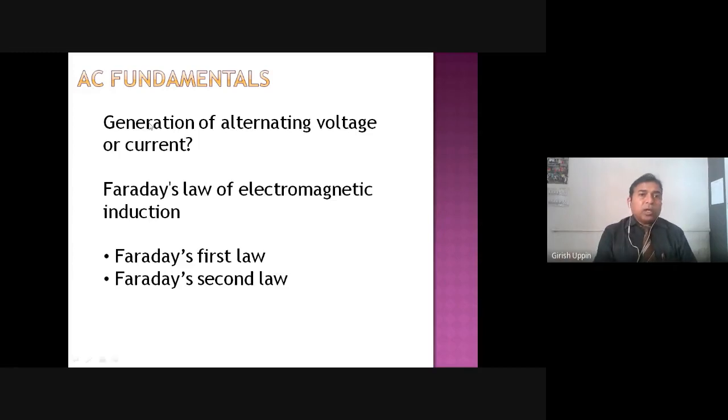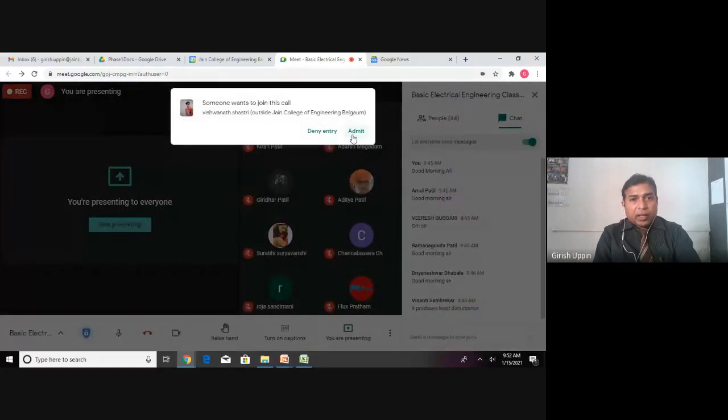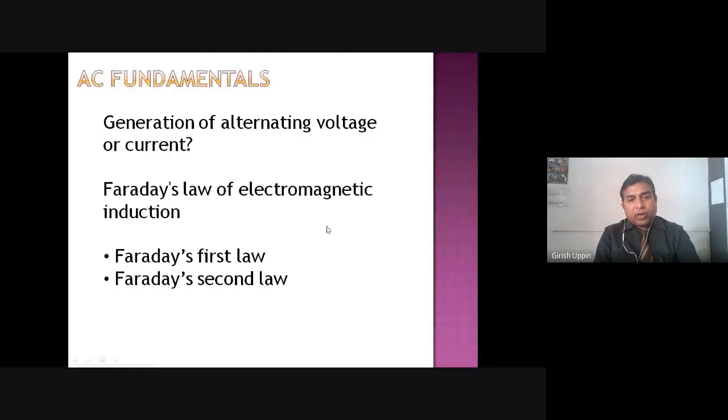Now we'll see how the generation of the alternating voltage can be done, the way I showed the waveform, how we can generate a voltage or the current. So before going into the generation part, first we will understand Faraday's laws of electromagnetic induction. Can anybody tell what is Faraday's first law and the second law?